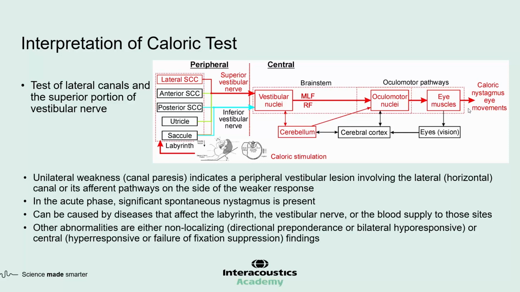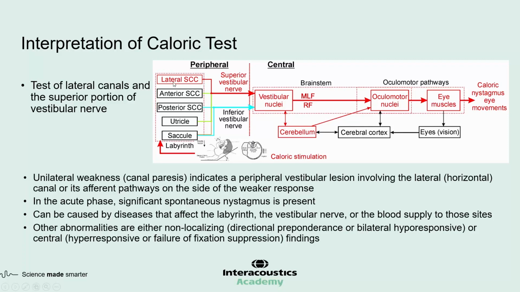What makes the caloric test a test of peripheral vestibular function is the fact that we repeat the caloric tests with warm and cool irrigations for the right and left ear. So when you take the total of the right responses and you subtract the total of left responses, you basically subtract the common pathways, which is the central part.